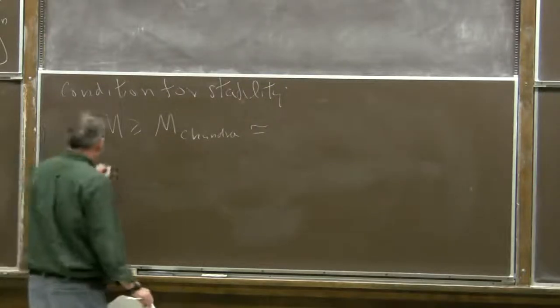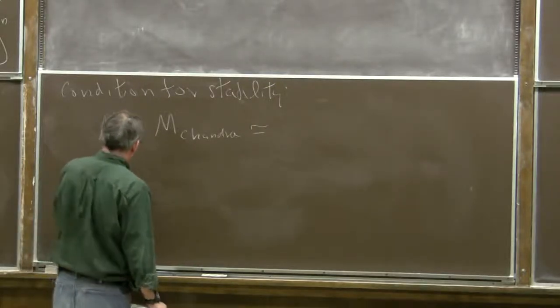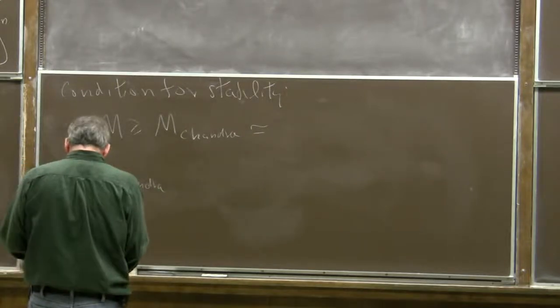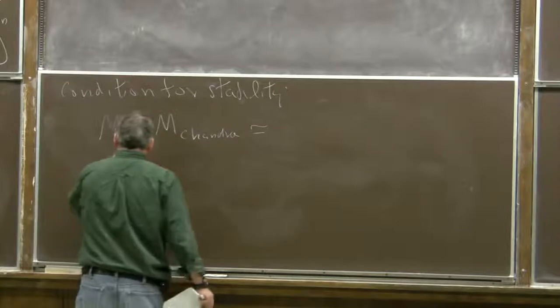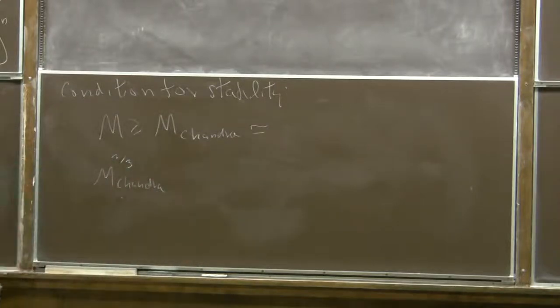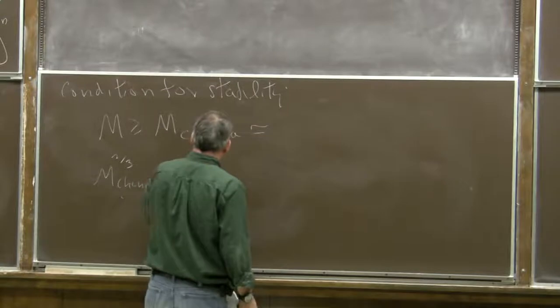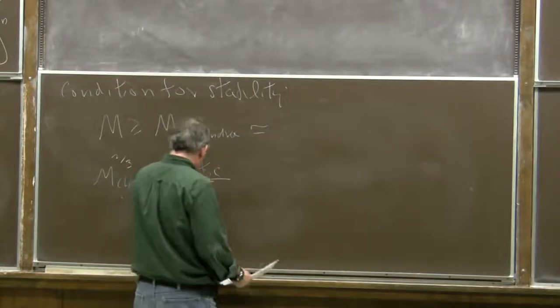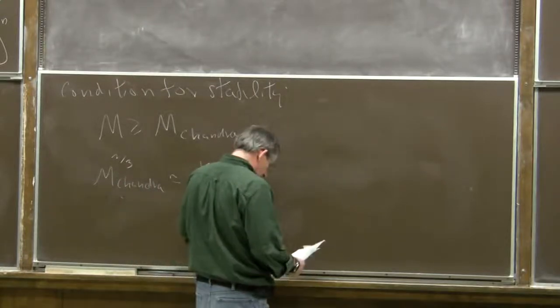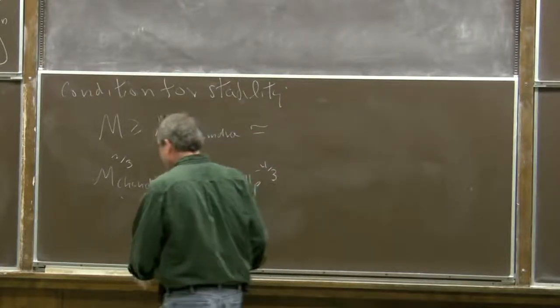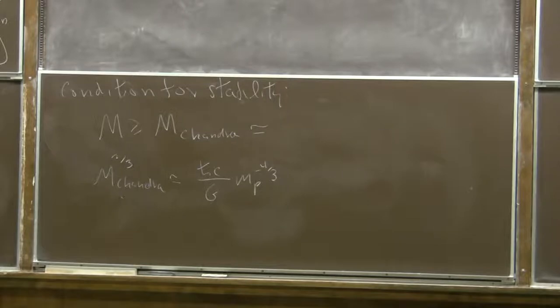Well, we've just seen that the Chandra mass, Chandrasekhar mass, to the 2/3, if I divide both sides by m to the 4/3, I have m to the 2/3. Goes like h bar c divided by G, and then mass of the proton to the minus 4/3.